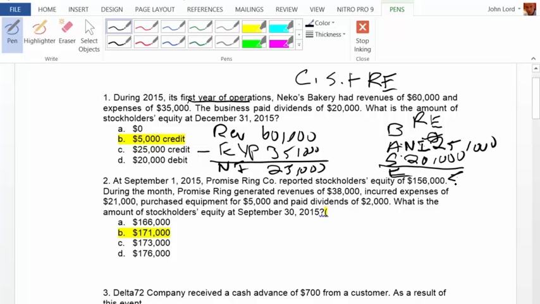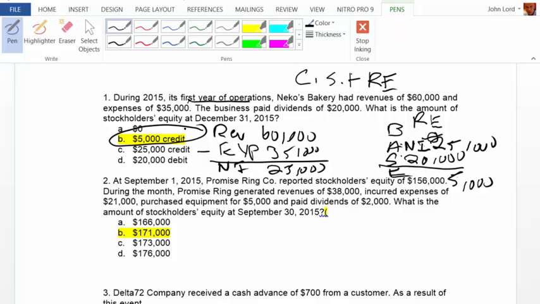A $5,000 ending balance. Is that the answer? And it's a credit because my retained earnings is a credit when my revenue is more than my expenses. I have positive net income. Okay, good.